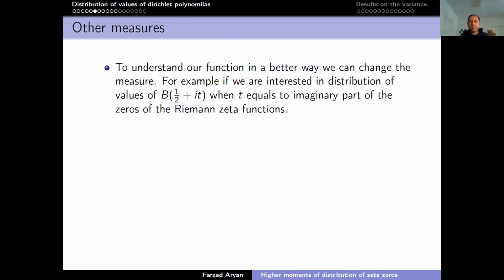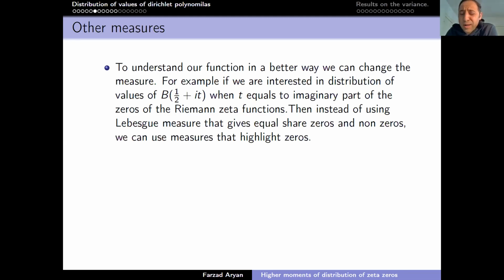For example, I'm interested in the distribution of values of b of 1/2 plus it on the half line, and I just want to look at it when t equals the imaginary part of zeros of the Riemann zeta function. So imagine t is equal to gamma, where gamma is the imaginary part of a zero of the Riemann zeta function. That's where I'm focused.